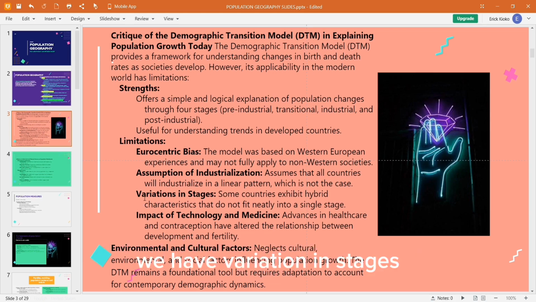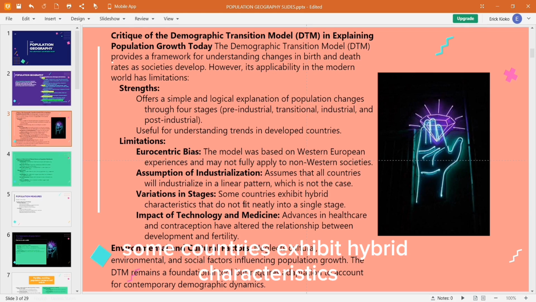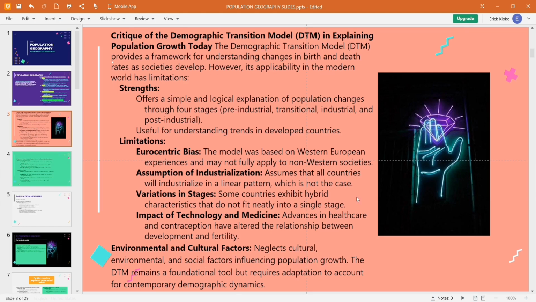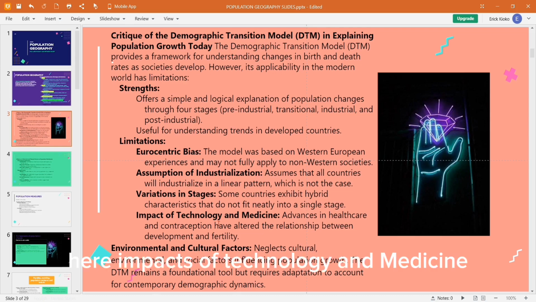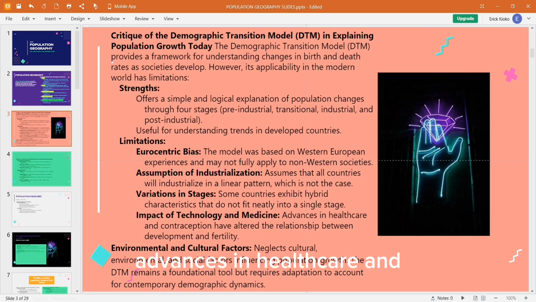We have variation in stages. Some countries exhibit hybrid characteristics that do not fit neatly into a single stage. We have the impact of technology and medicine. Advances in healthcare and contraception have altered the relationship between development and fertility.